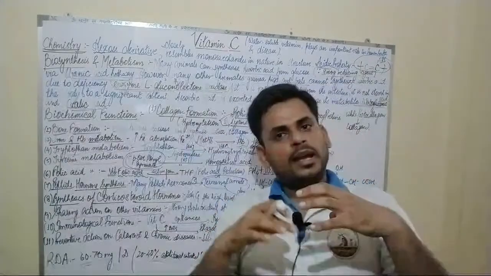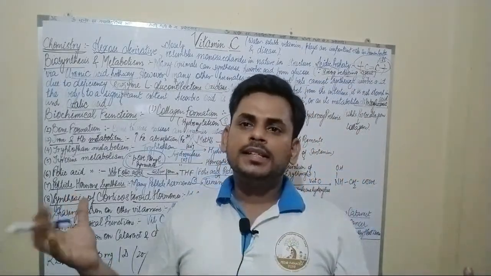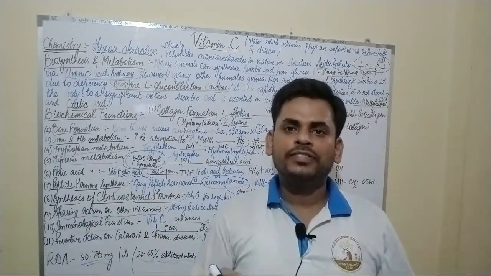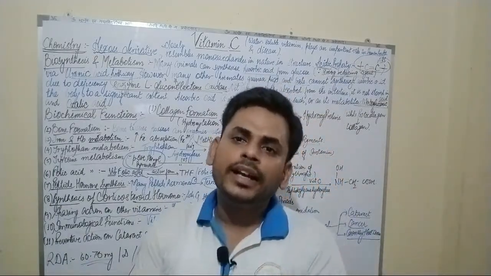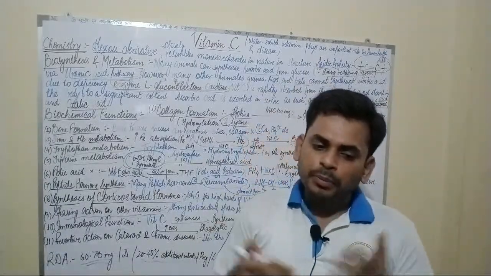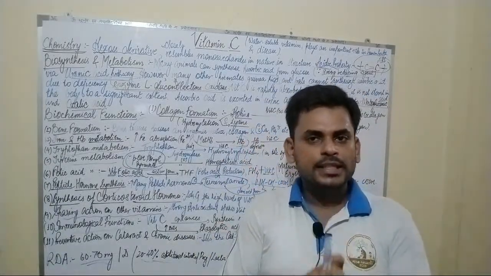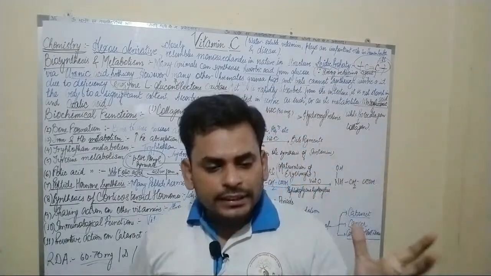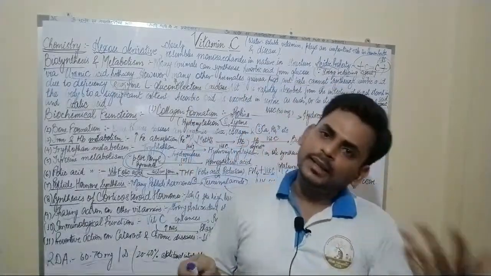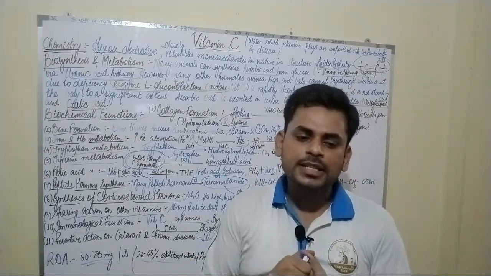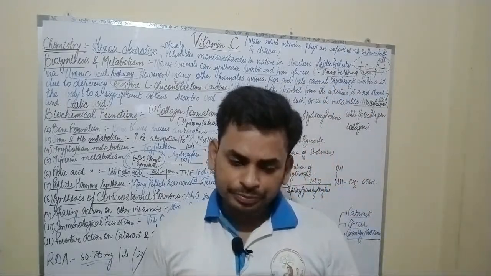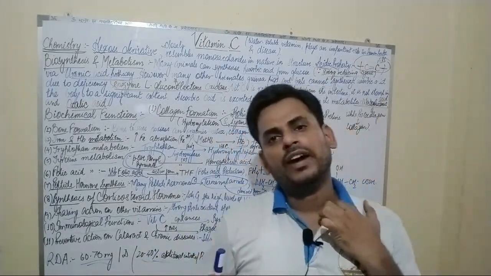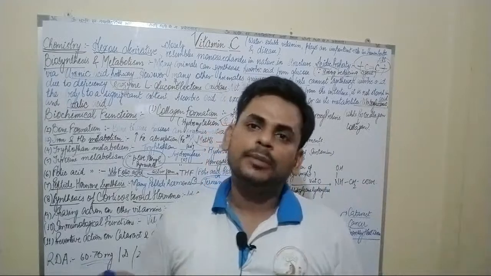So if there is impaired collagen synthesis, whatever deficiency symptoms manifest are more or less directly or indirectly associated with it. You can find the striking peculiar feature that somewhere or the other there is an impairment in the synthesis of collagen, and the antioxidant property of vitamin C is being hampered in some way or the other.